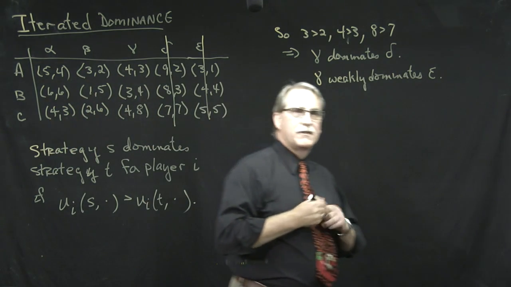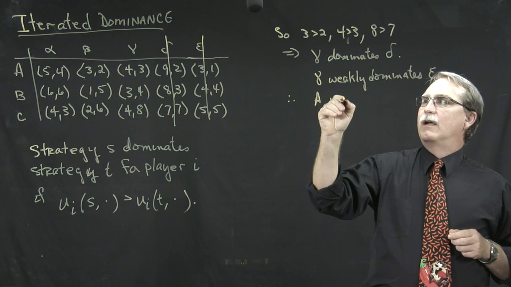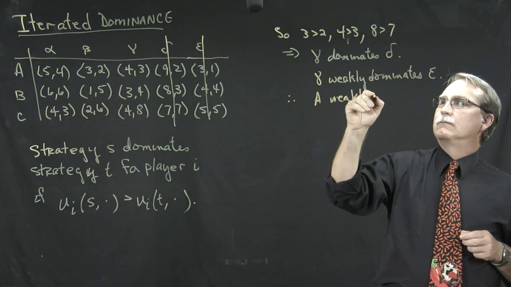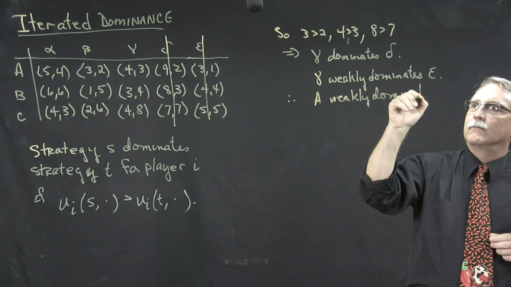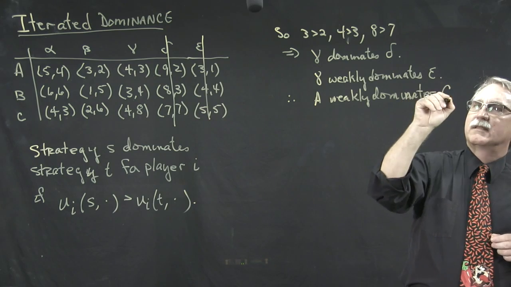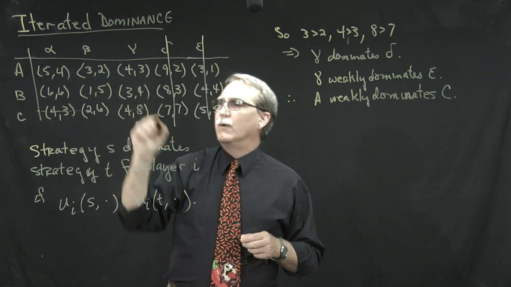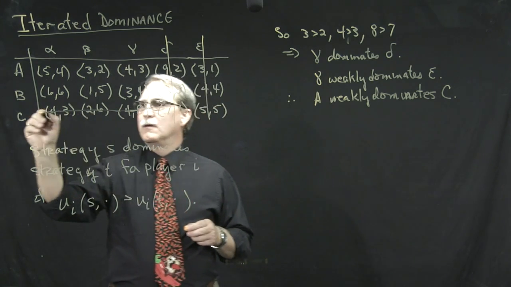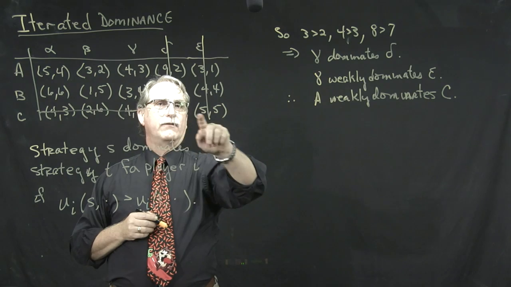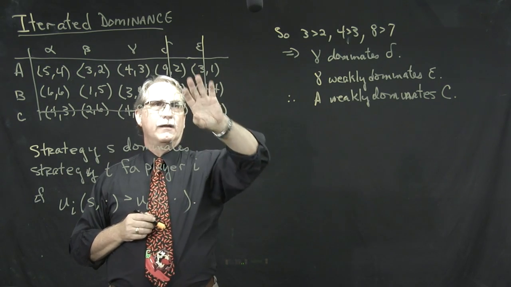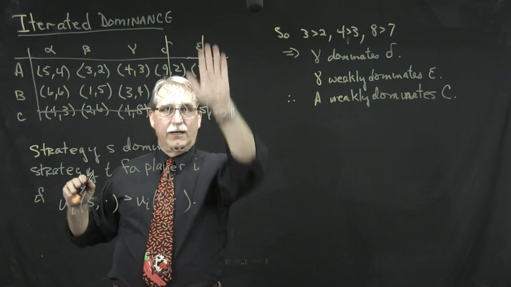So A weakly dominates C. I want to emphasize that we could not have made that decision before now because this doesn't happen: the 9 is better than the 7, but the 5 is better than the 3. So we cannot eliminate row C until we have iteratively eliminated column epsilon.